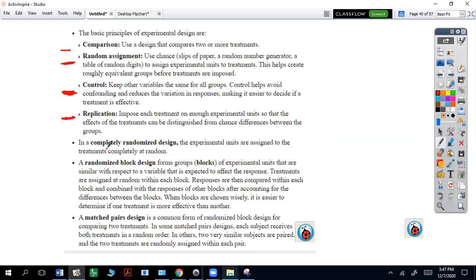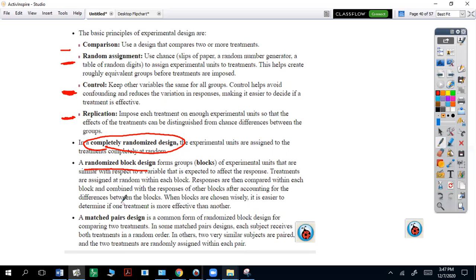A completely randomized design is your basic experiment. Think of that like a simple random sample in terms of sampling. Basically, every group has been randomly assigned, randomly chosen. There is no say in who goes where. A randomized block design is when you block people based off of different characteristics that might cause confounding, like gender or height or whatever.